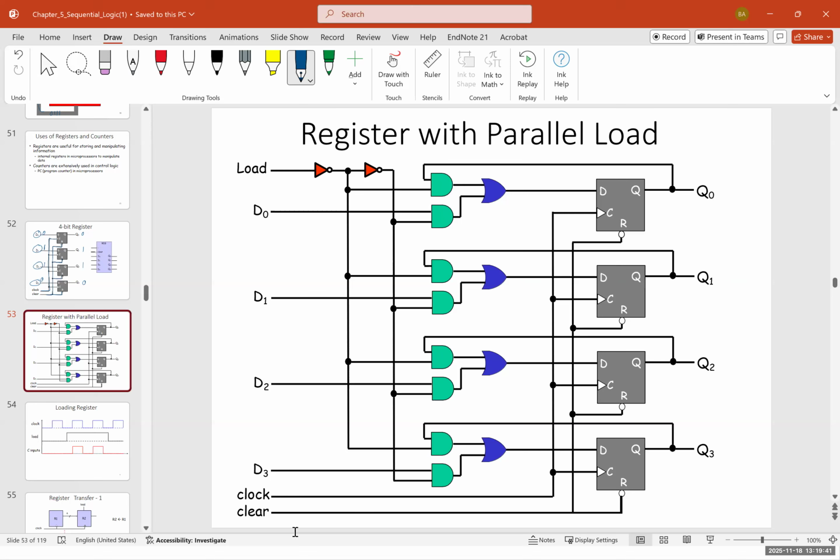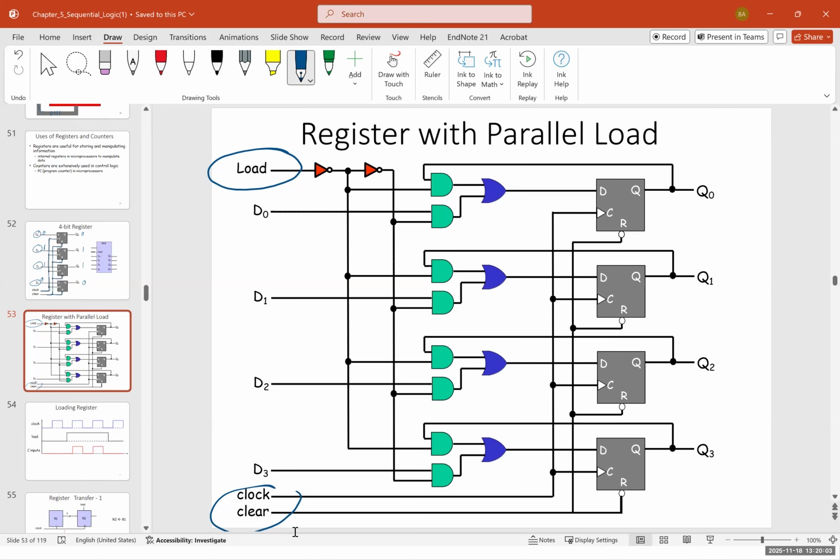The other pin that we added was load, and load determines if we want to read or write on the system sometimes. So it helps with synchronizing the reading process or writing process in a register.